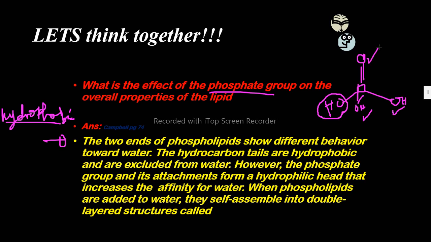So what does that imply? You're going to increase the hydrophilic nature on one end, which is the phosphate head, and then the tails, since they are just long chains of hydrocarbons, become hydrophobic.